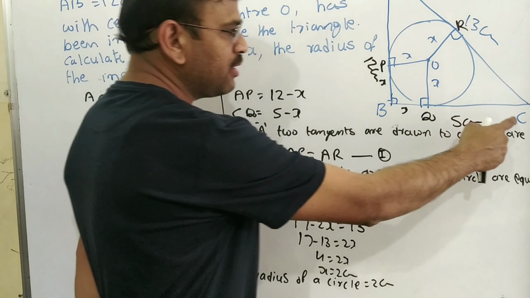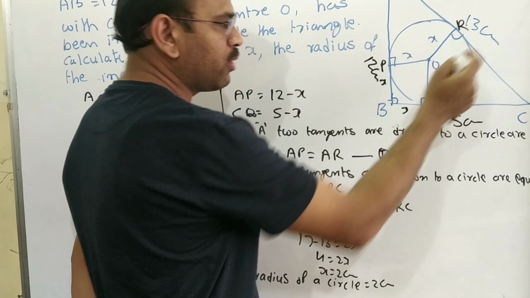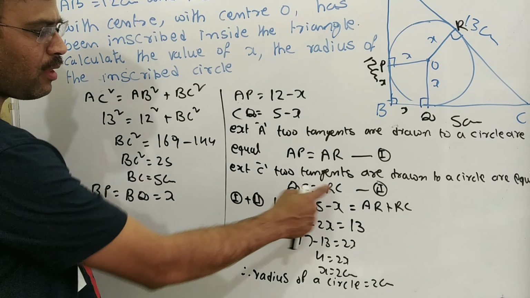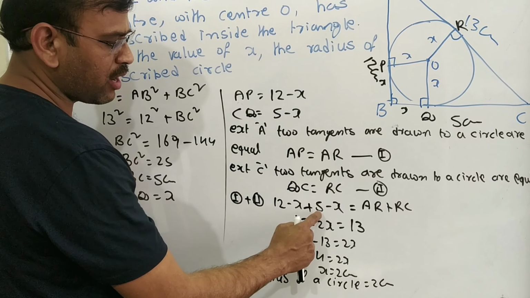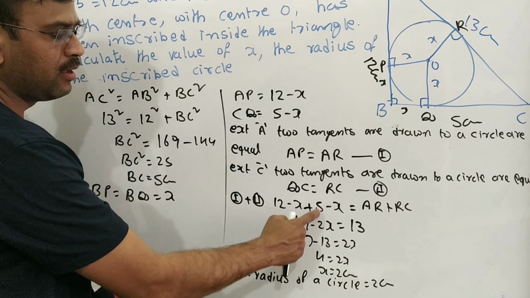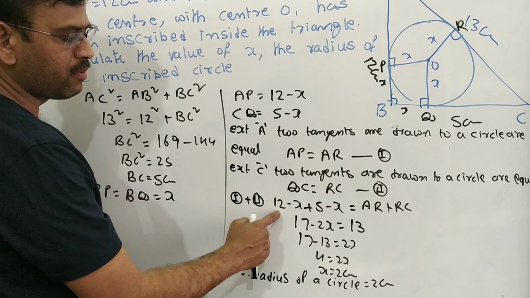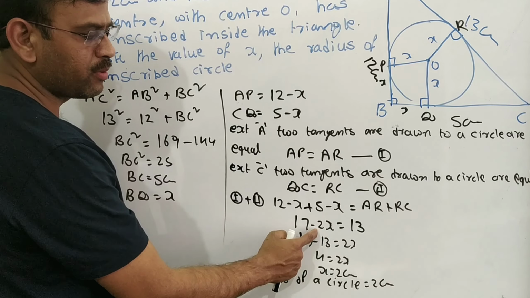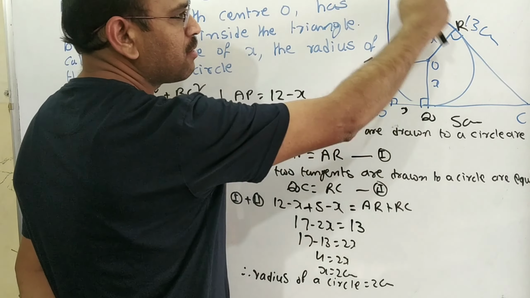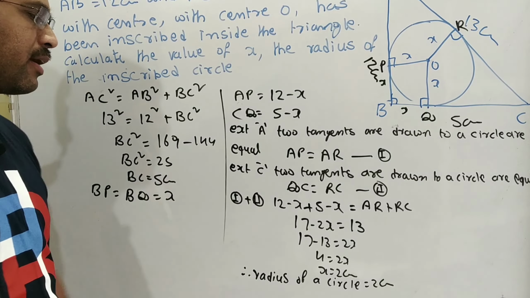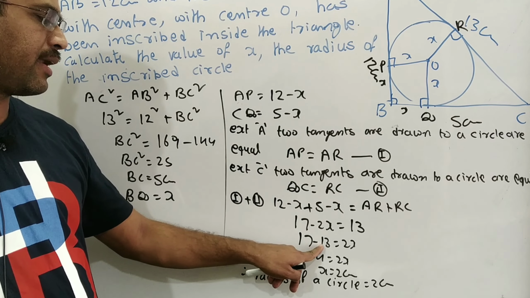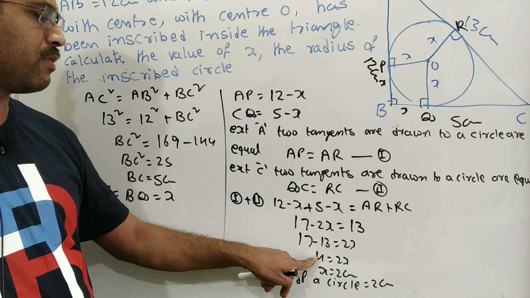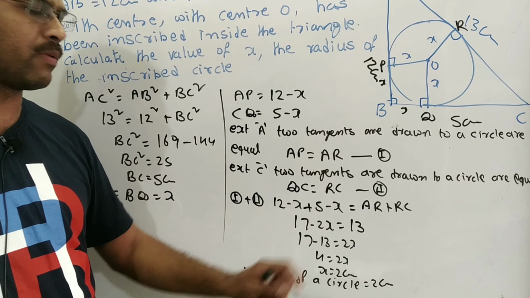In a similar way, from point C, two tangents are drawn to the circle, the lengths are equal. So I get 5 minus x. Adding, 5 plus 12 you get 17, minus x minus x, that is minus 2x, equals AR plus RC. AR plus RC will be AC, which is 13. So 17 minus 13, you get 4 equal to 2x. The x value is 2.